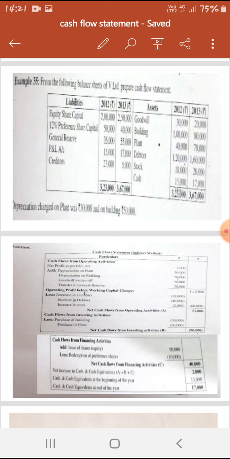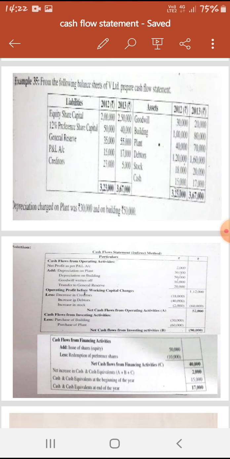So the total is 60,000, that will be deducted. From 1,12,000, 60,000 is deducted. The total is 52,000, that is net cash flow from operating activities.